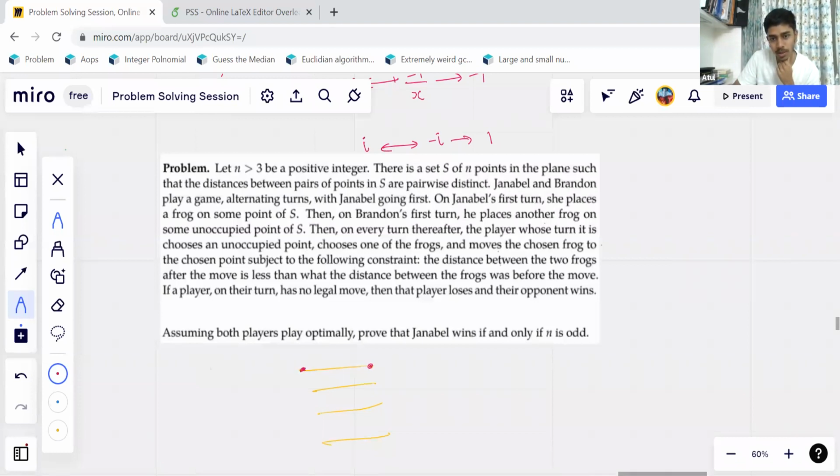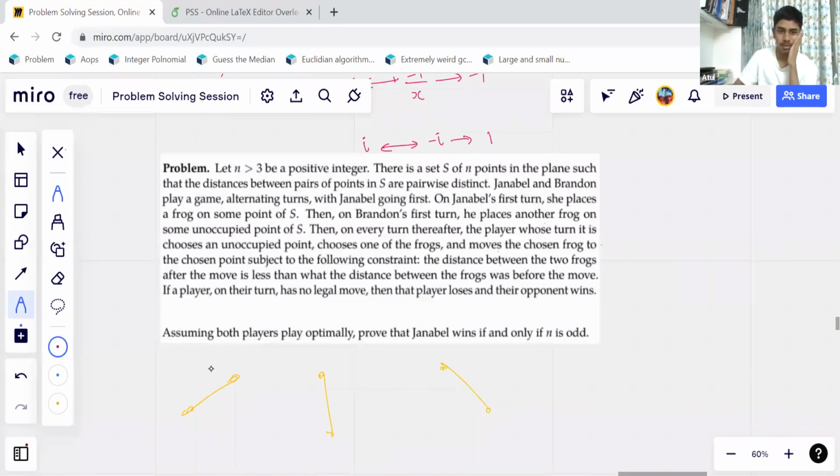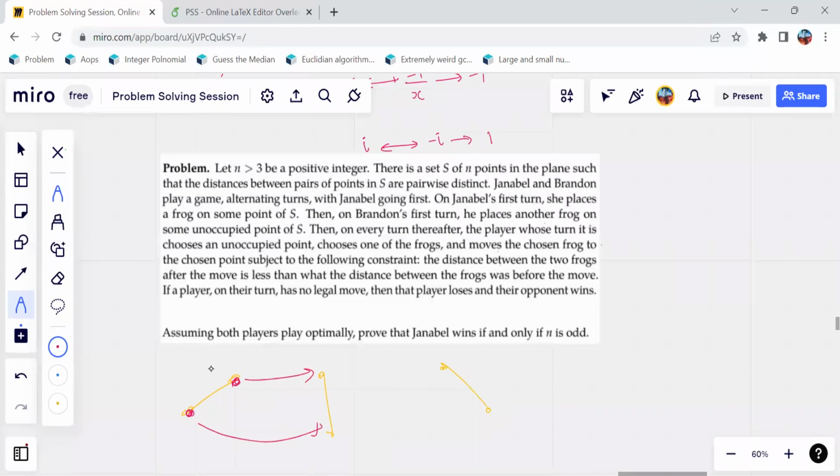Let's say n is even. Then Bob just plays on the corresponding thing. Oh, I see. For n even, you just pick n pairwise non-intersecting segments, which you can do. Let's say Alice plays here, then Bob plays in the corresponding pair. Every time Alice moves, Bob also moves.